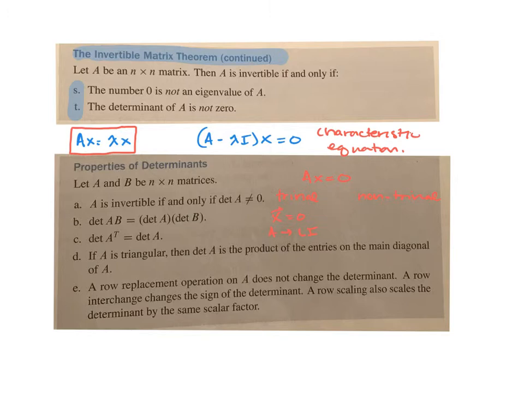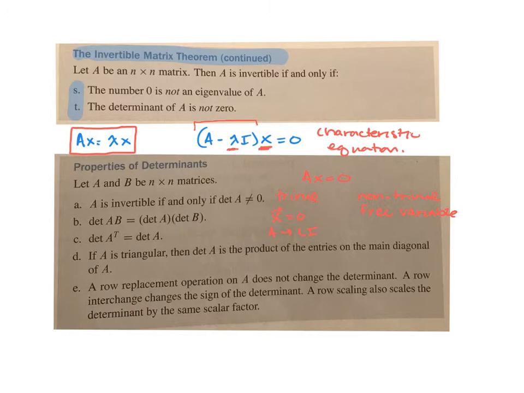A non-trivial solution means that we have some sort of free variable, and it goes from there. So in order for this lambda to be significant, it has to have an eigenvector that's non-trivial. So we're looking for these values that don't give us the trivial situation, which means we need something here that doesn't have an inverse. Because if it doesn't have an inverse, it won't be linearly independent, and we'll end up with something other than a trivial X.